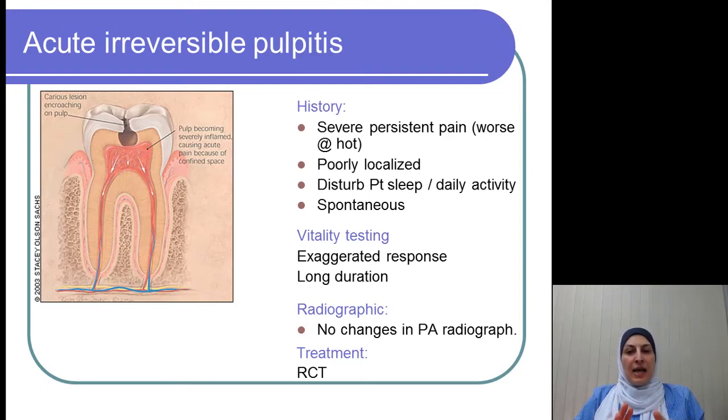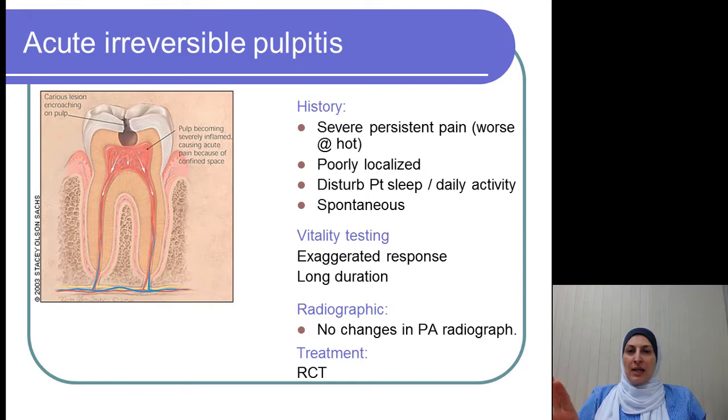Now this pain is usually spontaneous, so it's not triggered by cold or any other sensation. Sometimes being excessively responsive or sensitive to heat stimulation would indicate irreversible changes.